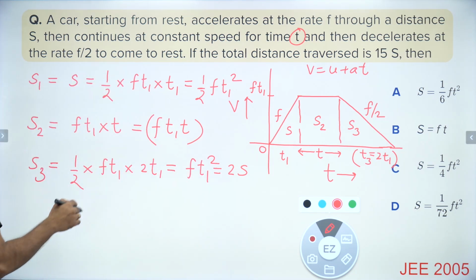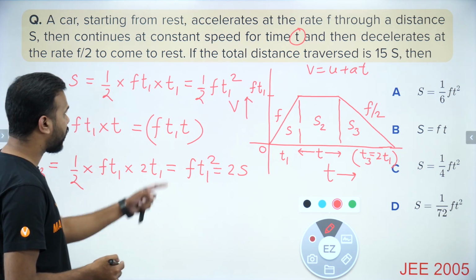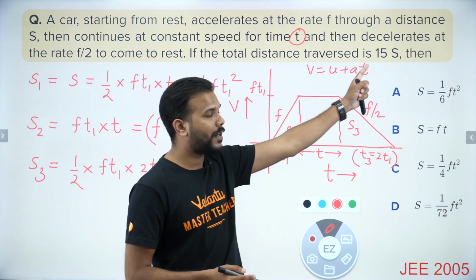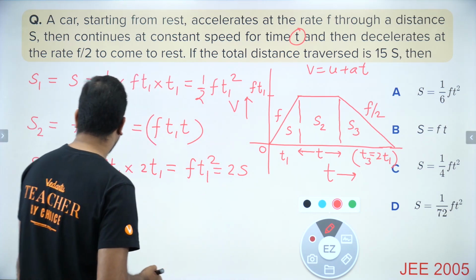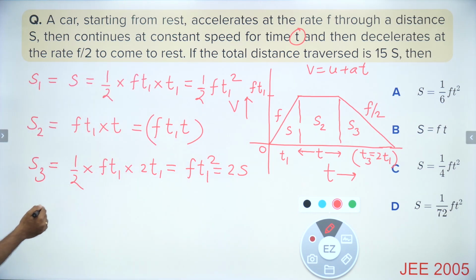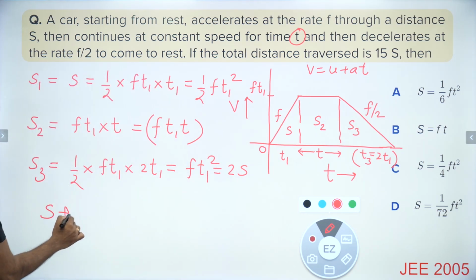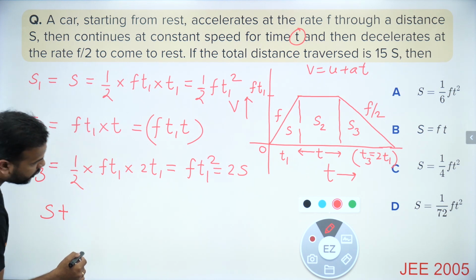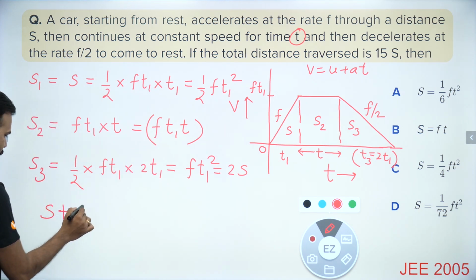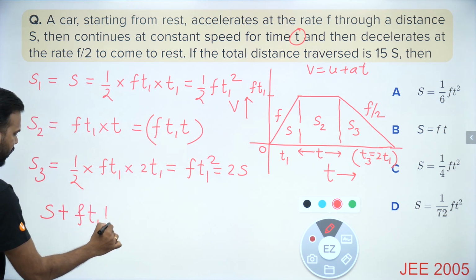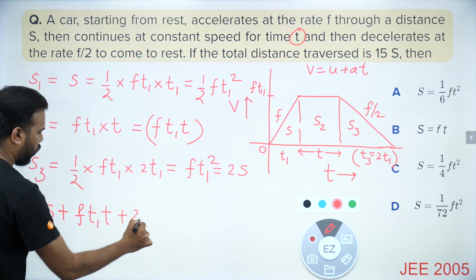Okay guys, and now the last information given in the question, if the total distance traveled is 15s, then let's just add all three. So first one is s, second one is s2, which is given to us as ft1t, writing that directly, ft1t plus 2s.